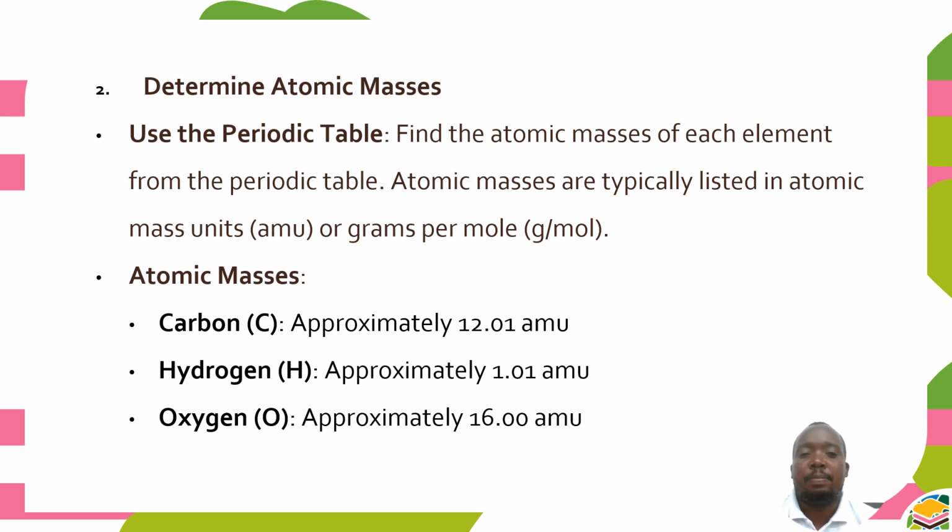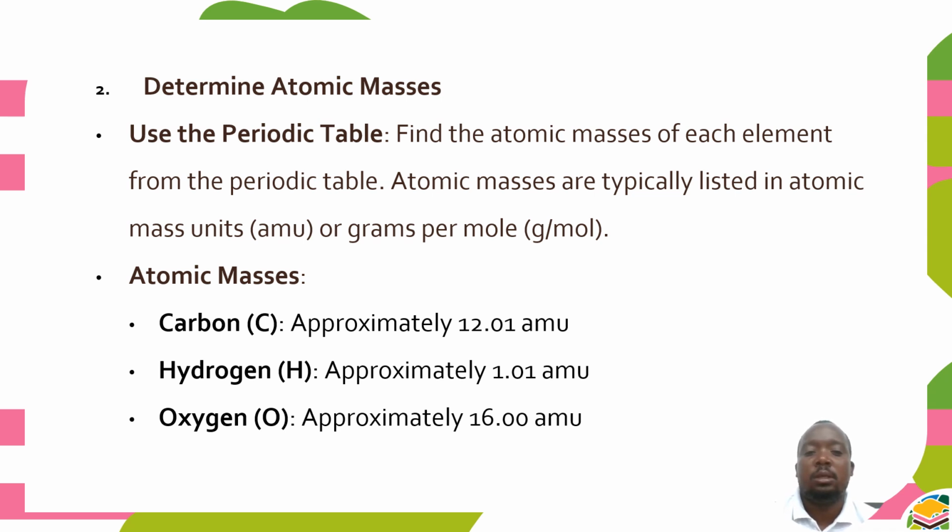You find the atomic masses of each element from the periodic table. Atomic masses are typically listed in atomic mass units or grams per mole. Take note of that. The periodic table is there to guide you as far as the atomic masses are concerned.